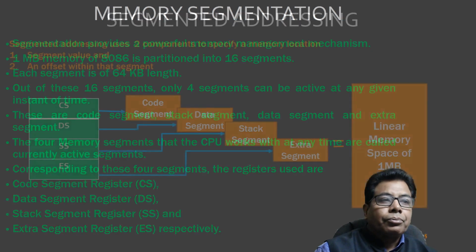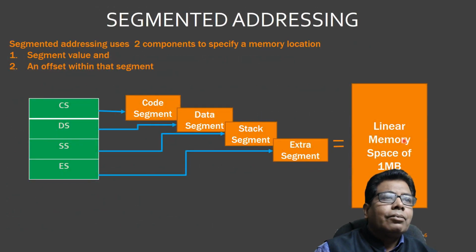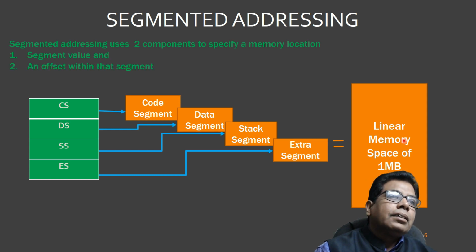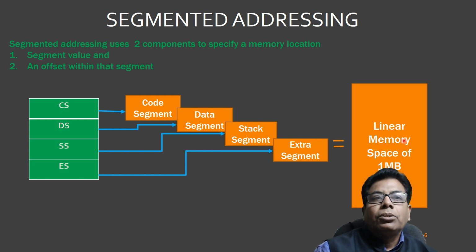So let us understand what is segmented addressing. Segmented addressing uses 2 components to specify a memory location. First is the segment value and the other is the offset within that segment.